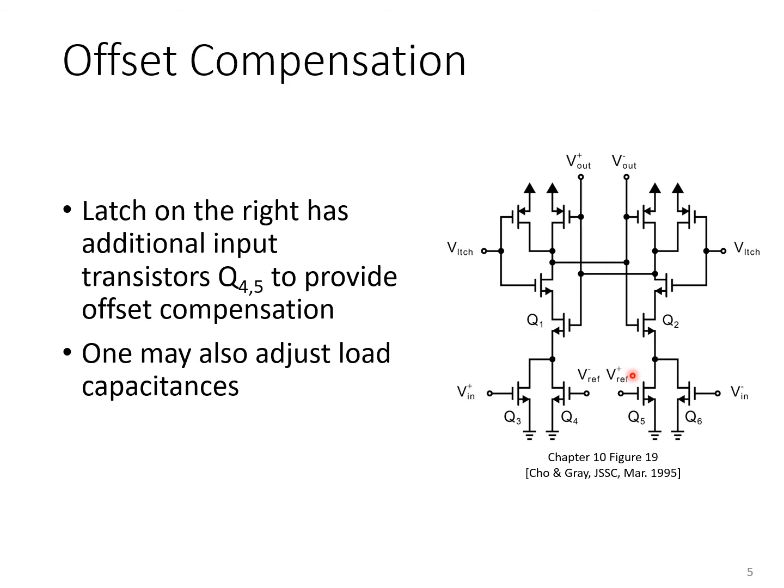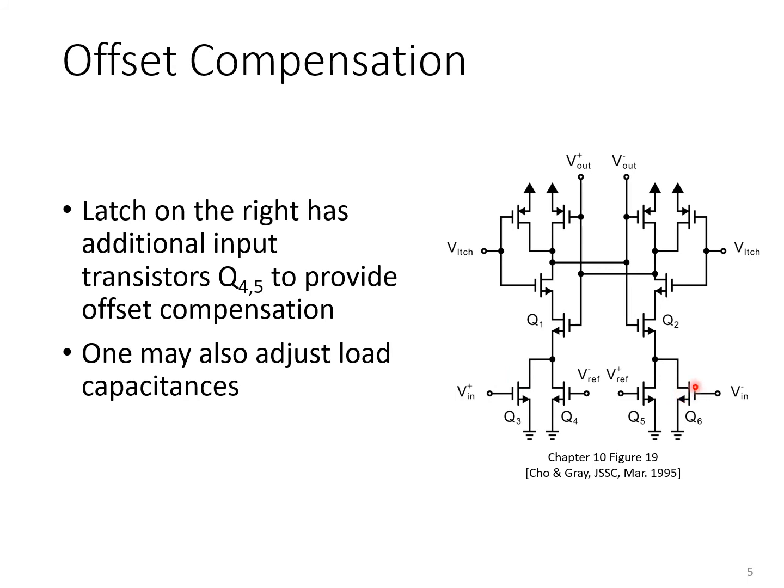So here's an example of a latch where the clock signal is applied to the voltages V latch here, and activating these transistors pulls up the regenerative comparator's internal nodes up to VDD, and then when the latch goes high, these reset transistors are turned off, and these transistors down here are turned on, activating the back-to-back inverters that are driven by the input transistors Q3 and Q6, initiating the regeneration phase.